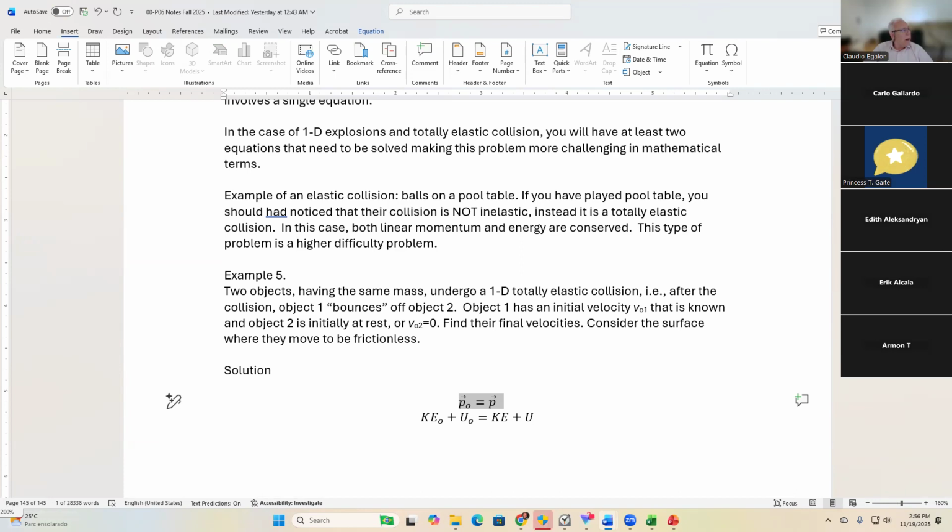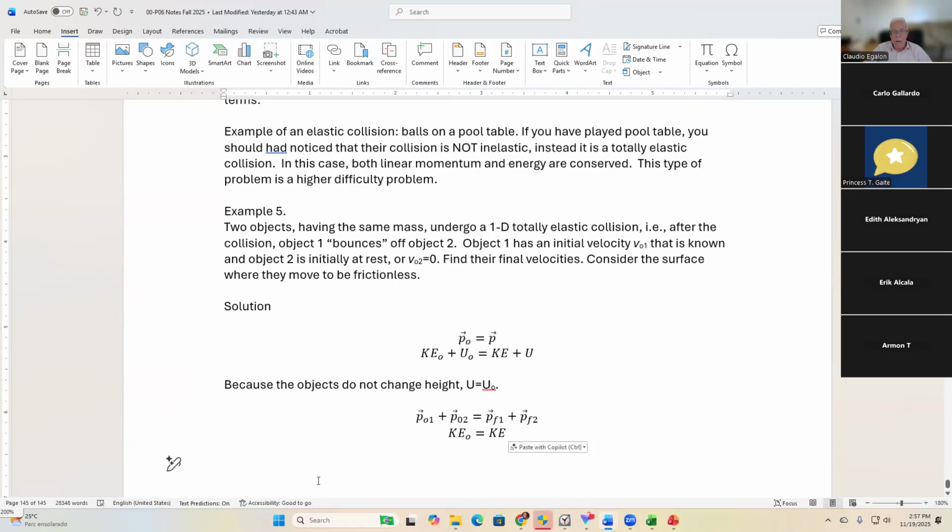The objects do not change height, so there is no change in potential energy. The final potential energy is equal to the initial potential energy, and what you end up having is just the conservation of kinetic energy.